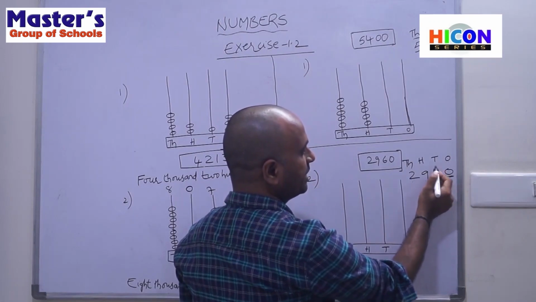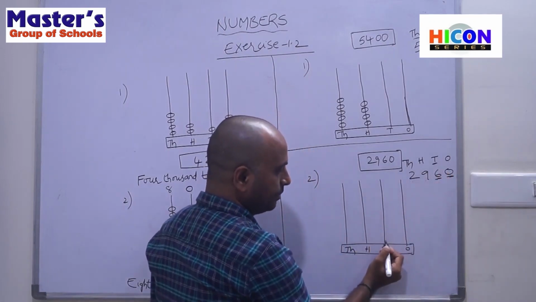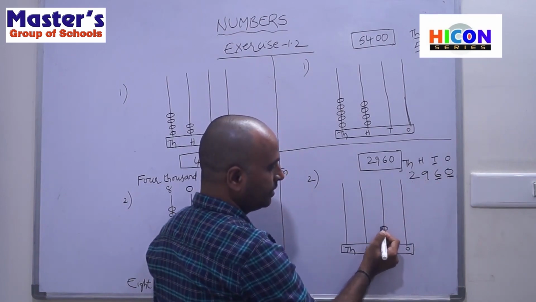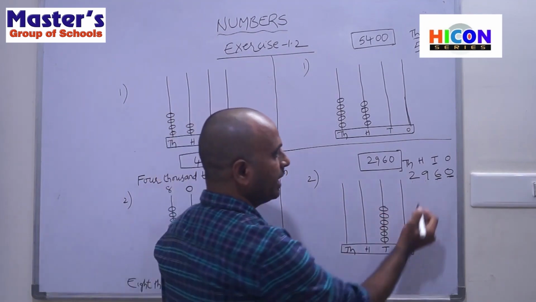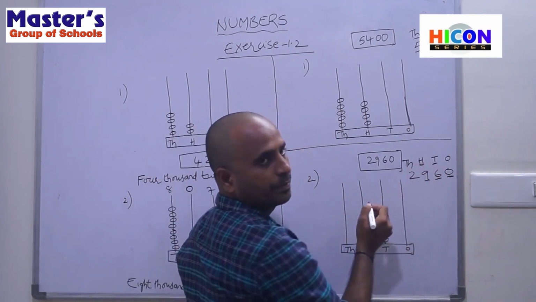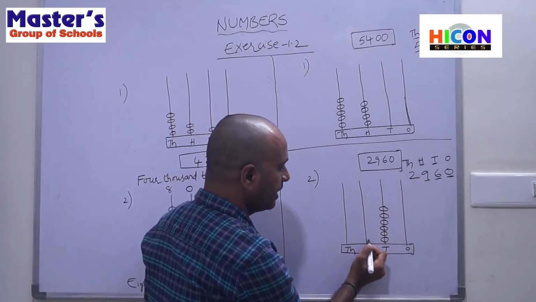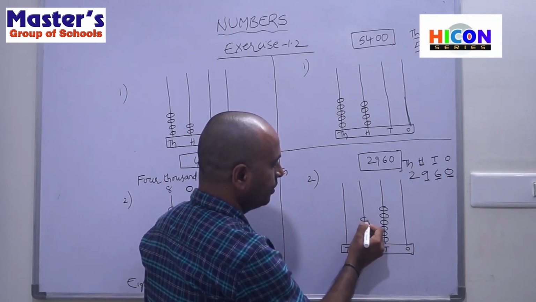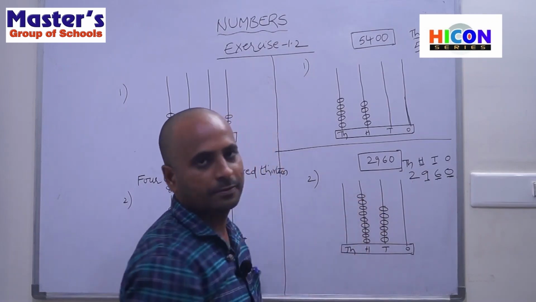And 6 is present in tens place. That means we have to draw 6 beads on the tens place stick, 1, 2, 3, 4, 5, 6. And 9 is present in hundreds place. That's why we have to draw 9 beads on the hundreds place stick, 1, 2, 3, 4, 5, 6, 7, 8, 9.